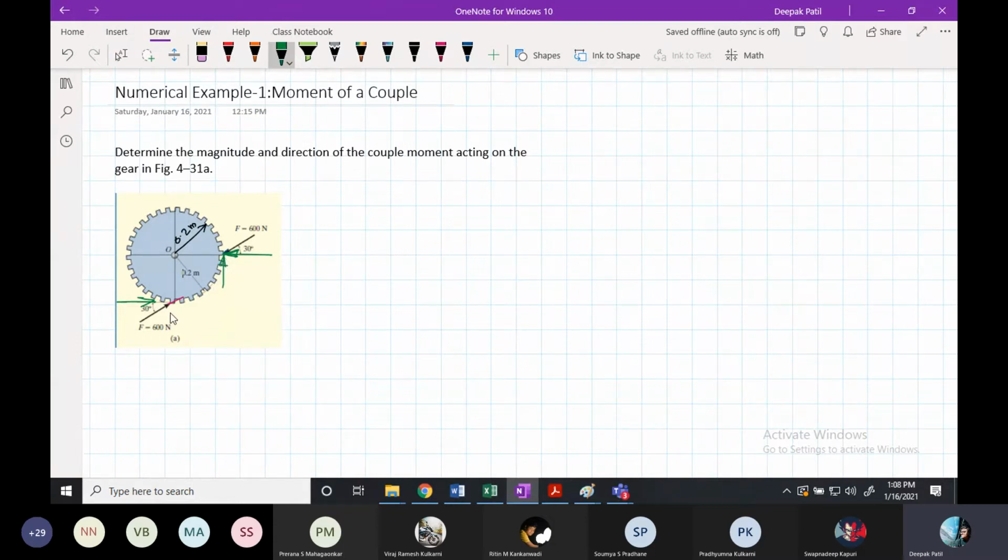The y component of this force will be in the upward direction. Sorry, the y component of this force will be in the downward direction, and the y component of this force will be in the upward direction. Let me mark the moments here. It will be F cos 30. Let me write it clearly. It is 600 cos 30, and this will also be 600 cos 30.